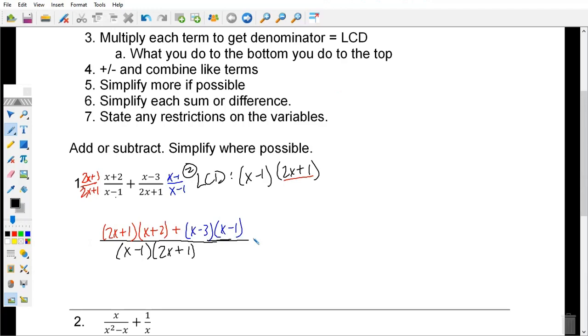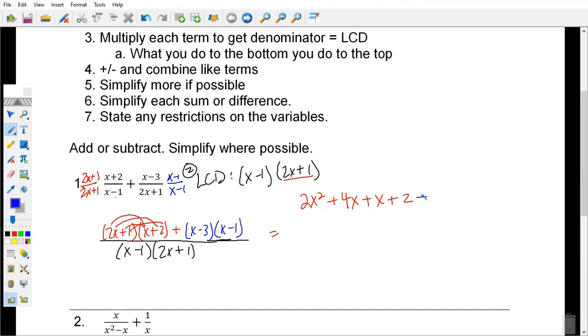So we're going to just FOIL our little selves away. When I FOIL, 2x times x gives me 2x squared. Then I have 2x times 2 gives me 4x. Then we have 1 times x gives me x. And then we have 1 times 2 gives us 2.